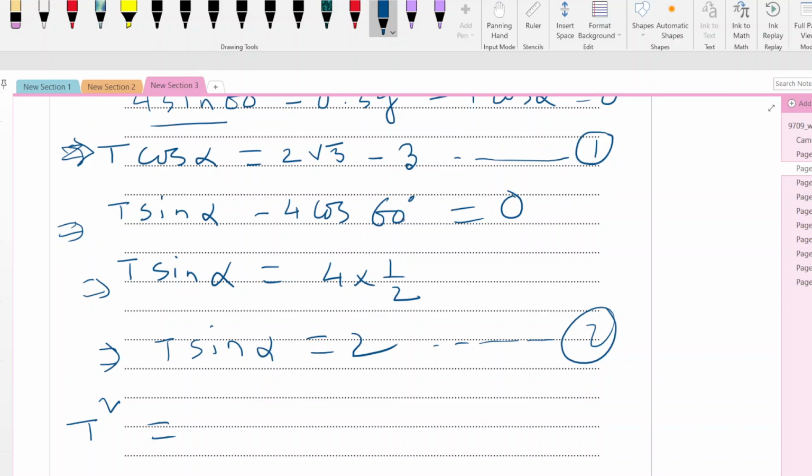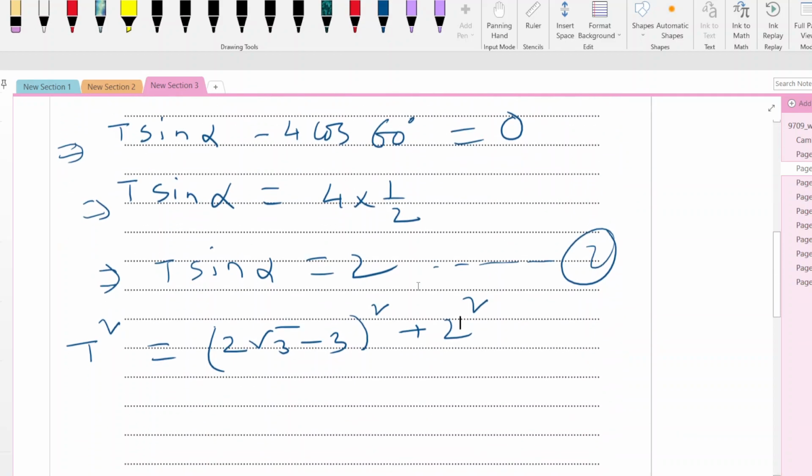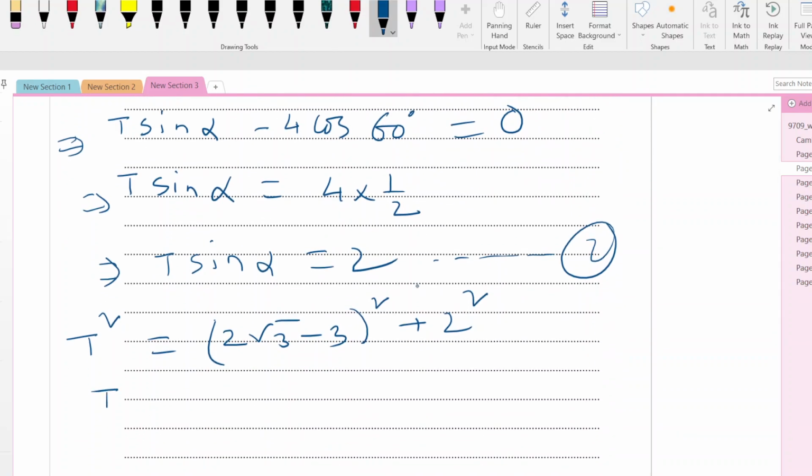That is, T squared equals (2 root 3 minus 3) whole squared plus 2 squared, and T equals the square root of this whole thing, (2 root 3 minus 3) whole squared plus 4.